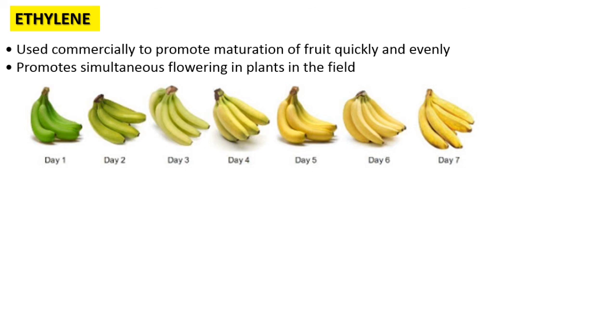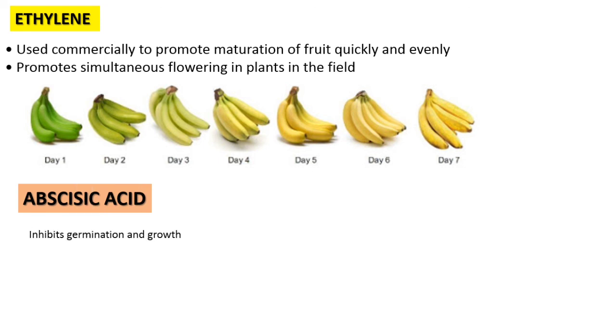So ethylene gas is used to stimulate the ripening of fruit. The ethylene will evaporate in the form of ethylene gas. And the last one is abscisic acid, which will inhibit germination and growth. Okay, thank you.